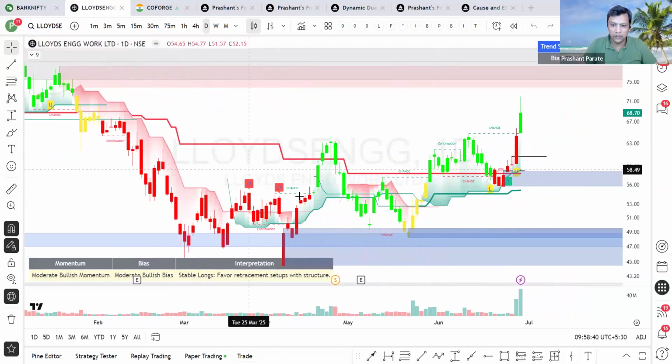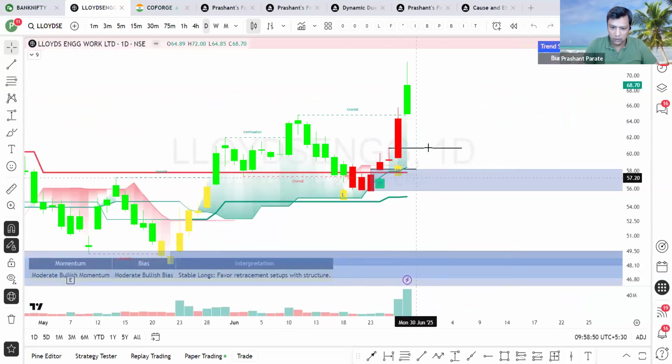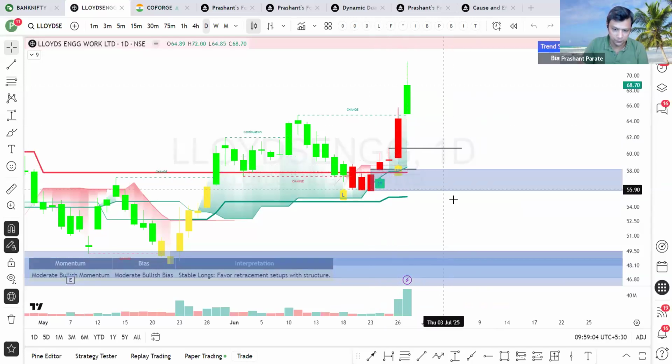The color is also made in that manner. When next L or next U gets printed higher than the previous L or previous U, L to L, U to U, it will be greener. This is yellow. If next L gets printed higher, it will be green L. If next U gets printed higher, it will be green U.